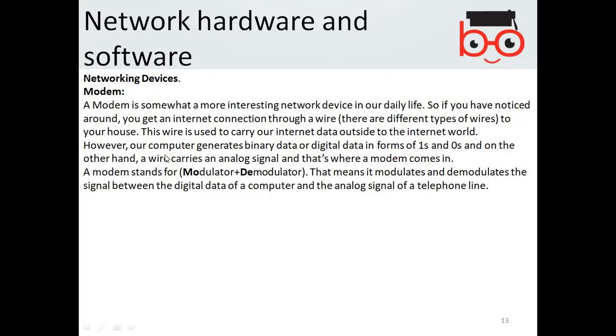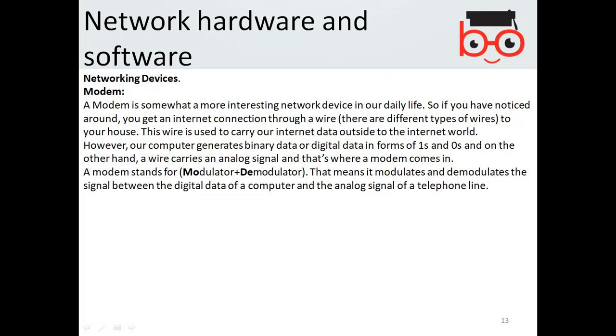However, our computer generates binary data or digital data. You must know that a computer works in zeros and ones because it's a machine, and a machine is represented in the binary language, either 0 or 1. On the other hand, a wire carries an analog signal, and that's where a modem comes in.